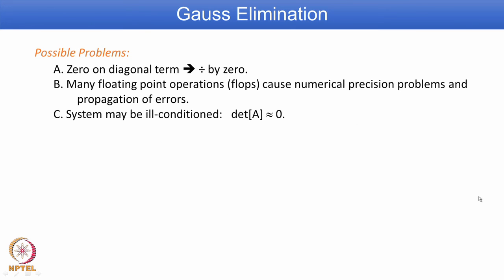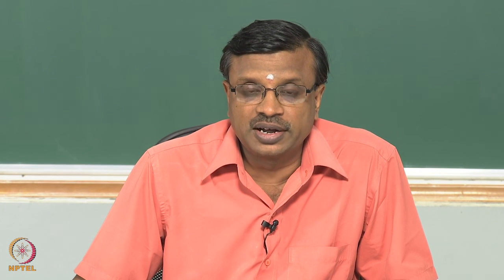There are possible problems in Gauss elimination. 0 may be there on the diagonal element, and when we perform floating operation we may end up with a statement like dividing by 0.